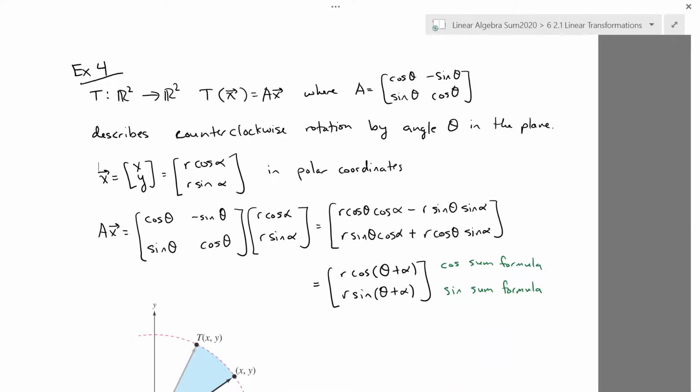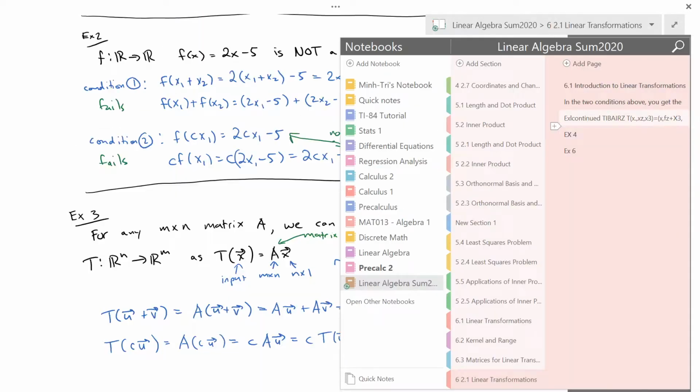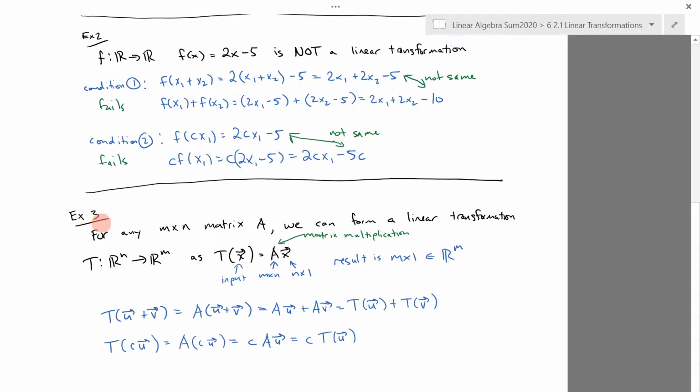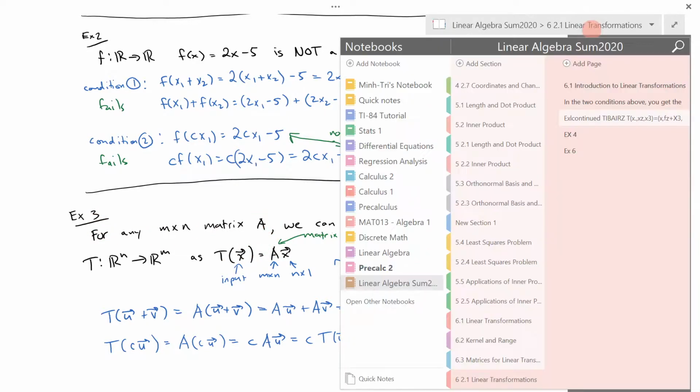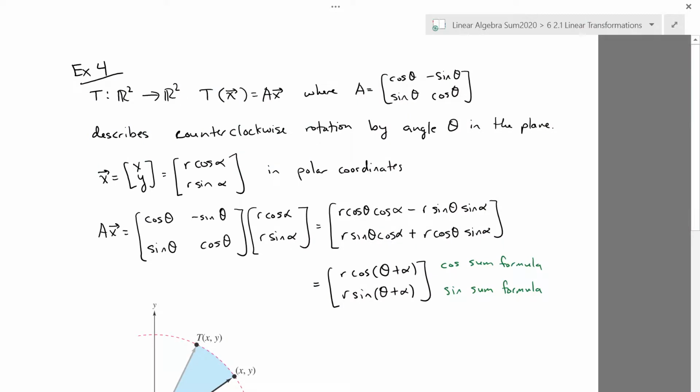On this page, we look at two particular linear transformations given by matrices. This type of linear transformation is exactly the type from example 3, but we're looking at a specific matrix for A. Here we're taking A to be a 2 by 2 matrix, so the domain is R2 and the codomain is R2. First you fix an angle theta.